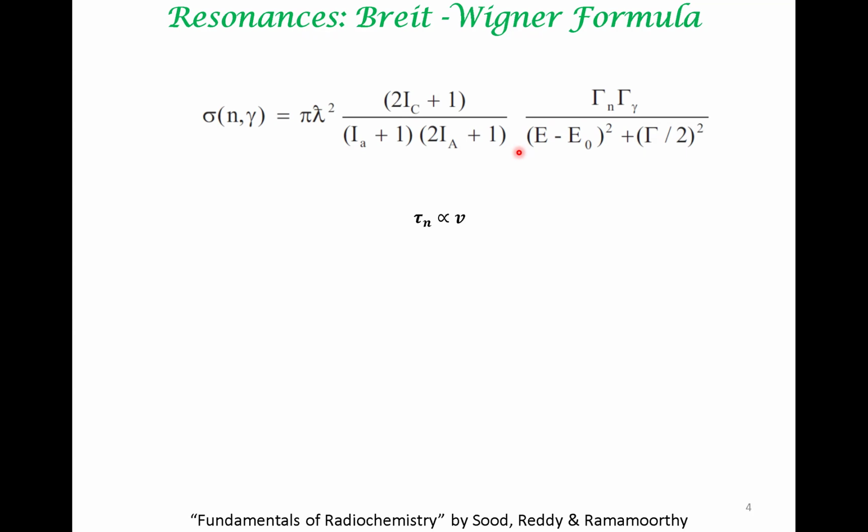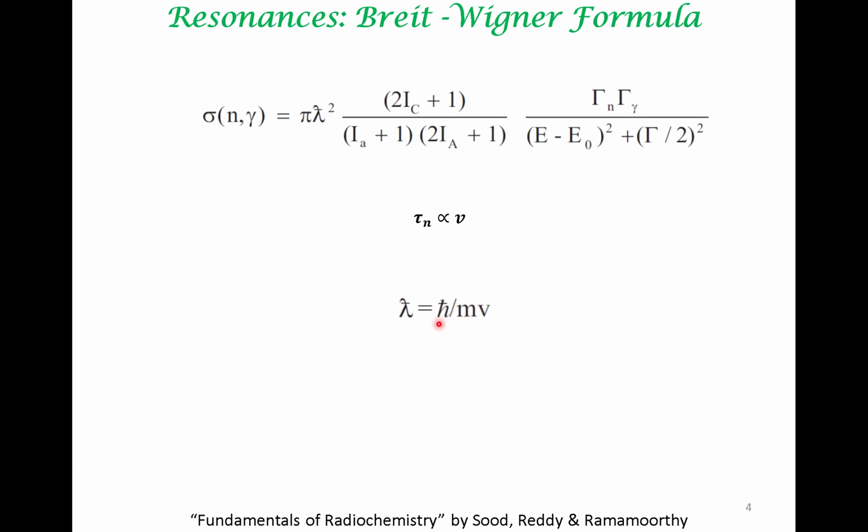What is generally shown is that all these things are constants except for the line width associated with the neutron channel. The neutron line width depends upon the energy, the velocity of the neutron. In addition, you know that the de Broglie wavelength is inversely proportional to the momentum of the neutron.